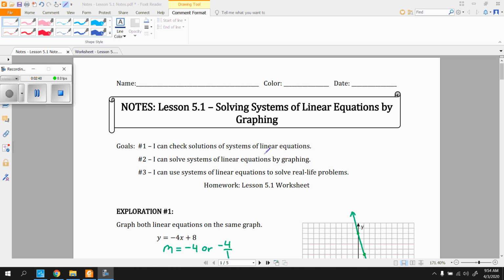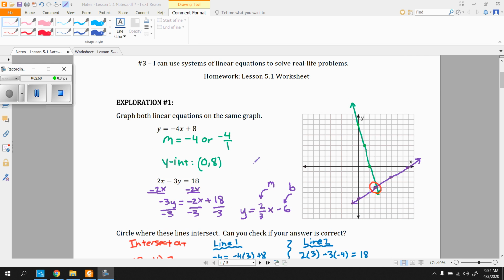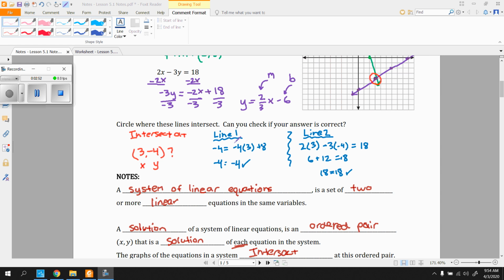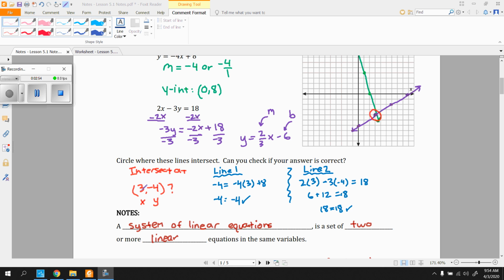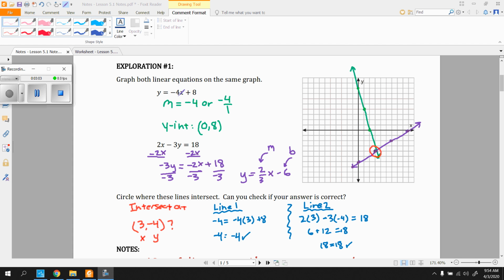We haven't even talked about what a linear system is, but this is the work that you're going to be showing. I'm taking that point of intersection, 3, negative 4, and plugging it into my 2 equations. I'm calling this line 1. I took negative 4, my y coordinate, and plugged it in for y, and plugged in a 3 for the x.